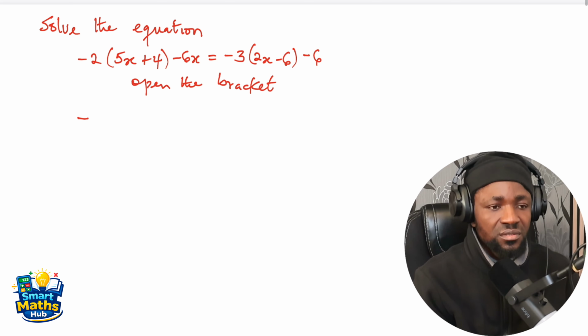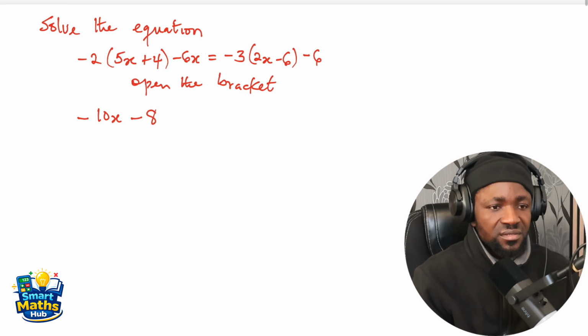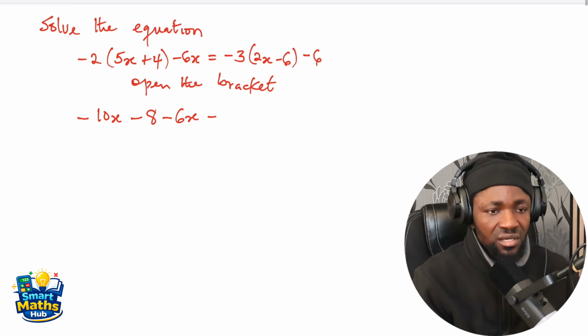Write it first. Then we have 2 times 5. So what do we have? 10x. Minus times plus, we have minus. 2 times 4, we have 8. So you write minus 6 equals to, let's move to the second one.